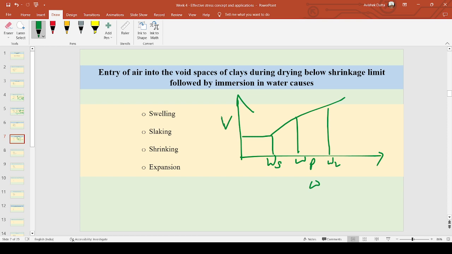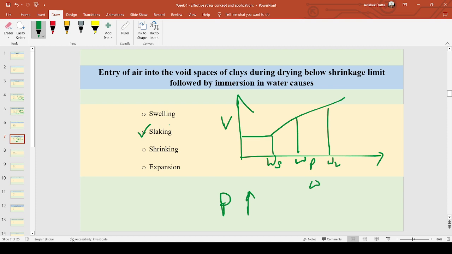Because of the sudden entry of water into the air voids, the pressure increases after immersion, and there is a breaking down of the soil structure. This phenomenon is called slaking of clay.